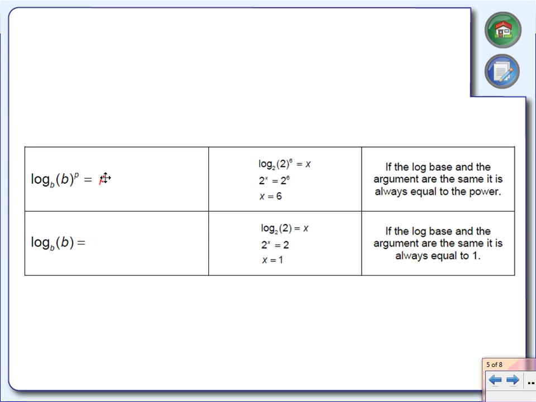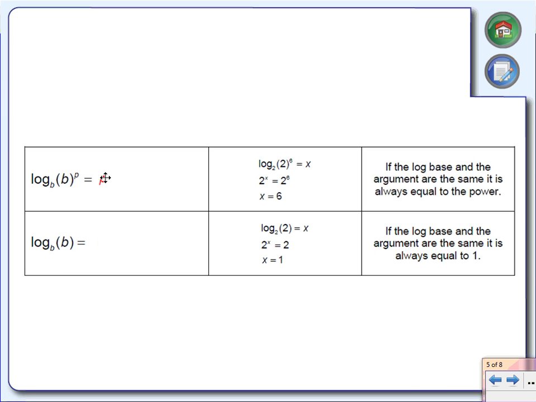P. That's it. So, for example, over here, notice how the base and the argument are both 2. And because they're both the same number, all we're going to do is keep the exponent. And what's the exponent in this case? It's a 6. All right, so as long as the base and the argument are the same, all you're going to do for me is keep the exponent.